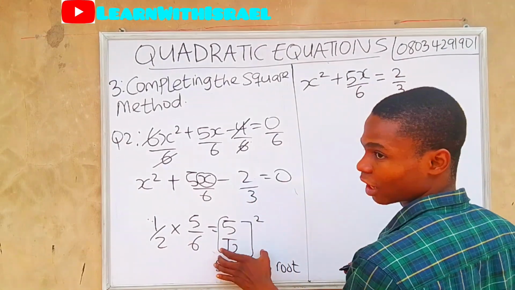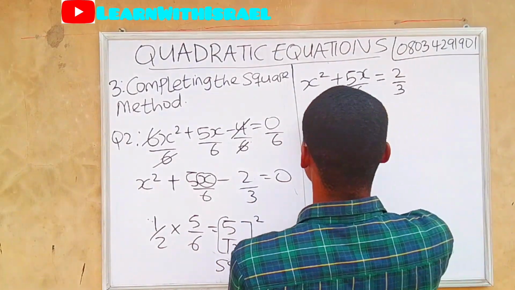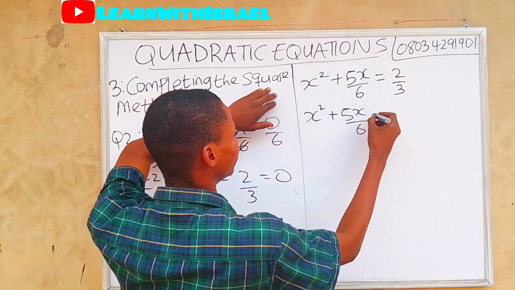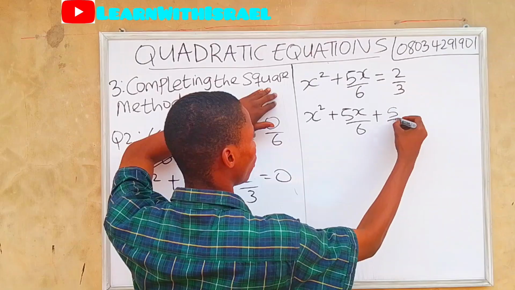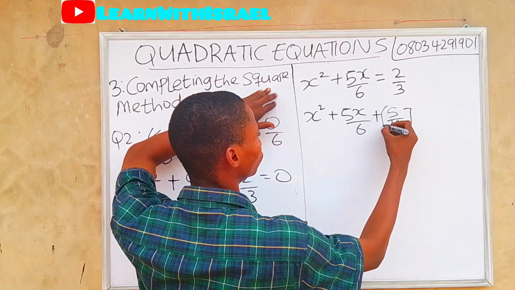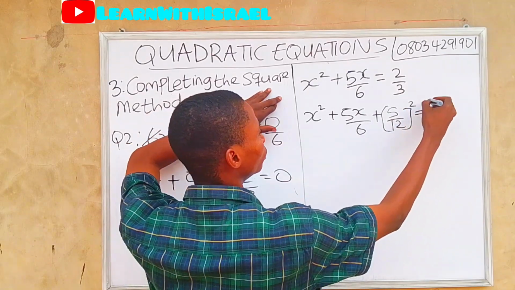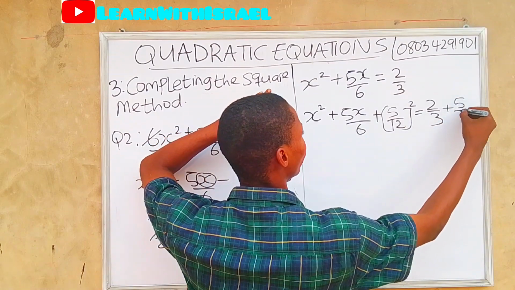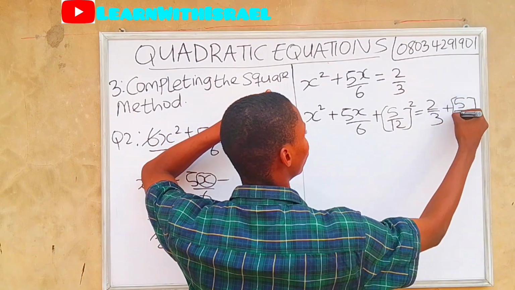So let's add this value to both sides. x squared plus 5x all over 6 plus (5 all over 12) squared equals 2 all over 3 plus (5 all over 12) squared.